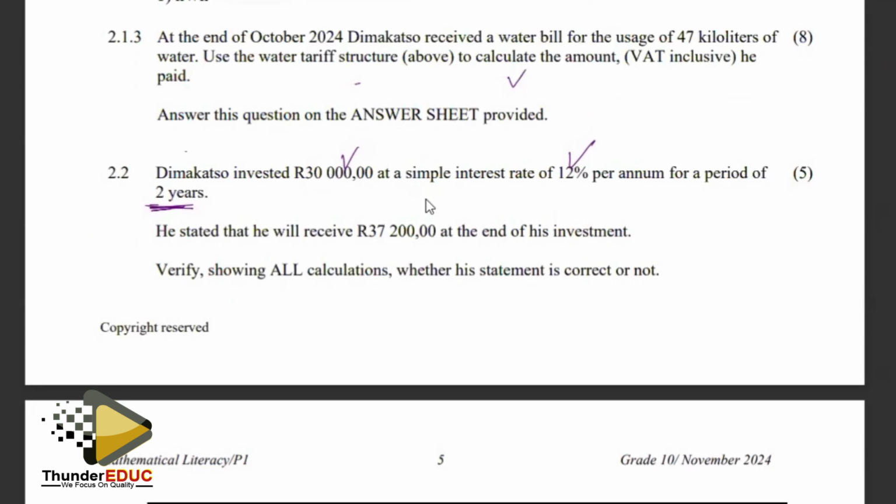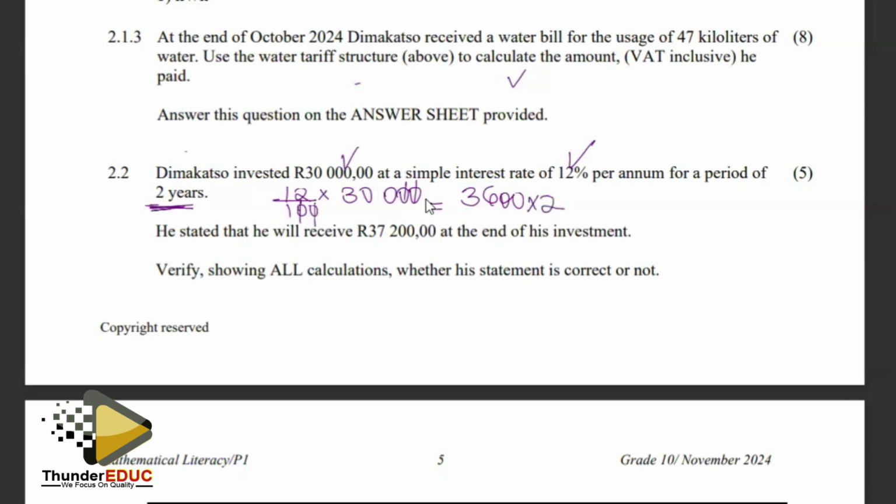So what you're going to do, since it's simple interest, we're going to say 12 times the money he invested, 12%, don't forget, put it over 100. So you end up having 30,600.